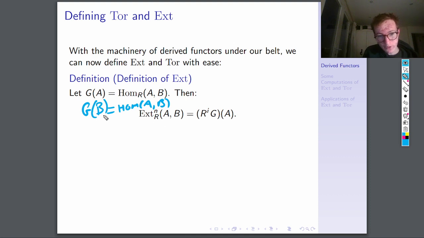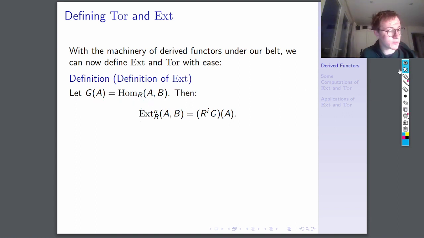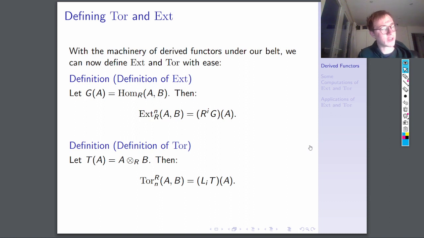So it doesn't matter which functor we're talking about, the Ext will be the same. Same with the Tor functor as well. I think you can guess what the Tor functor will be at this point. The Tor functor is just the derived functors of the tensor product. And so now we've defined Ext and Tor.